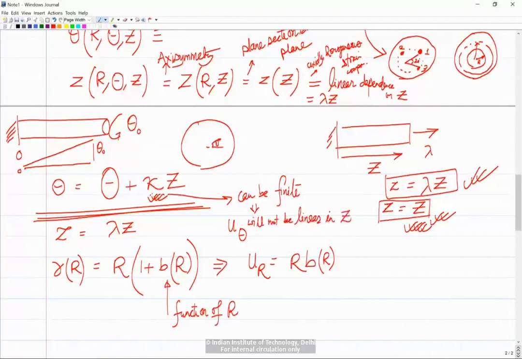Can you see what will exactly be u theta? Just think of this point, and let us say it is here at big R, and it moves, right? It moves by this angle, which is kappa z due to twist.